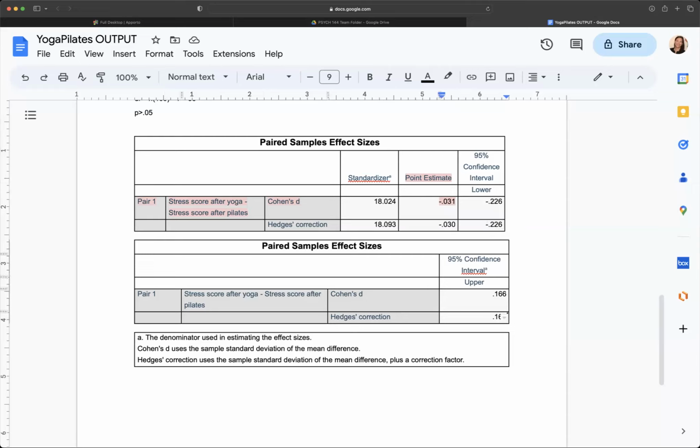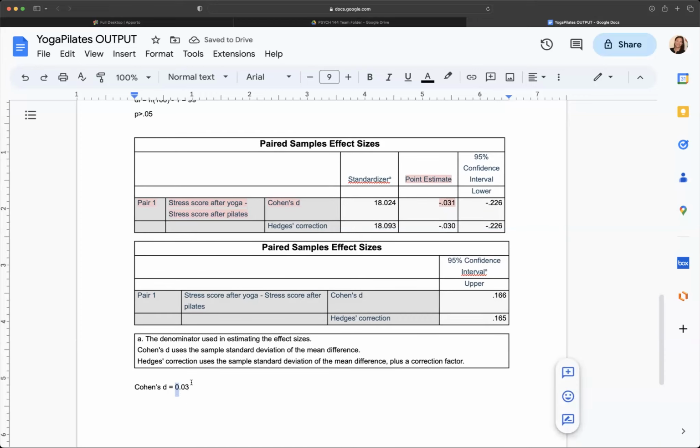I would put a note here. So I'm going to say Cohen's d equals 0.03. We use the leading 0 because it can be greater than 1. And I'm going to italicize the d. And you don't use the negative.